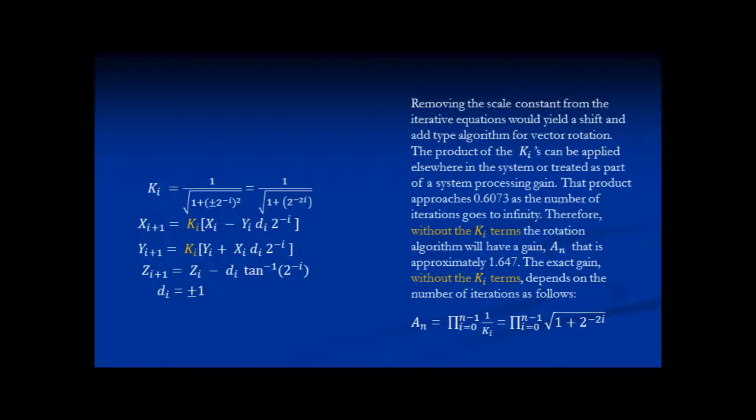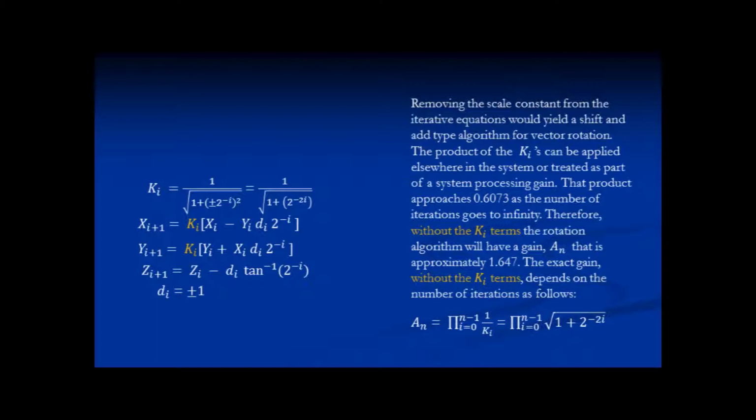Now let's look at the k sub i term and notice that removing the scale constant from the iterative equations would yield a shift and add type algorithm for vector rotation. The product of the k sub i's can be applied elsewhere or later in the system or treated as part of a system processing gain.